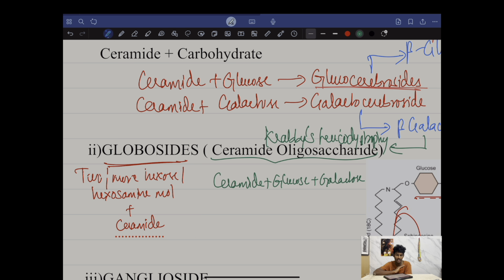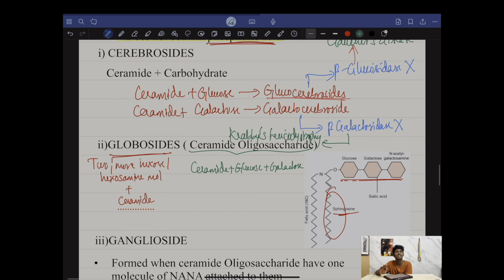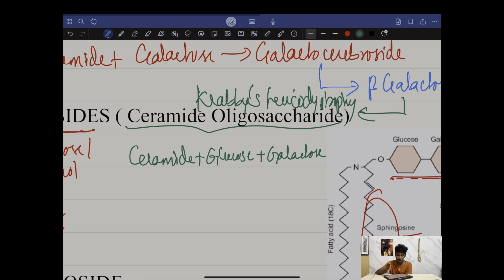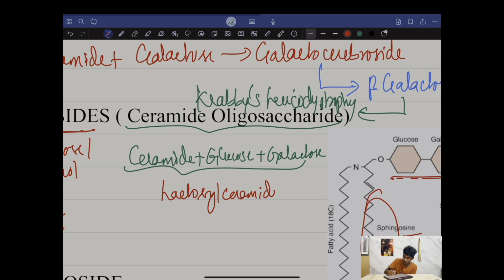That is hexose or hexosamine molecules. Is it clear?